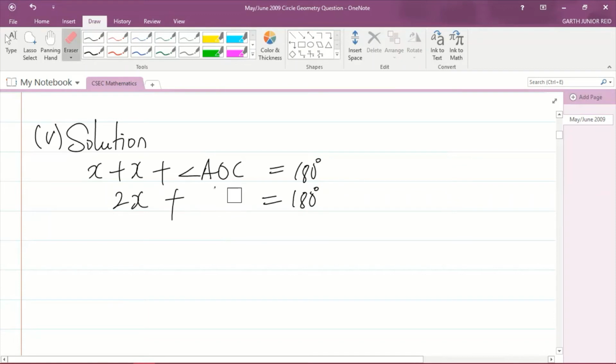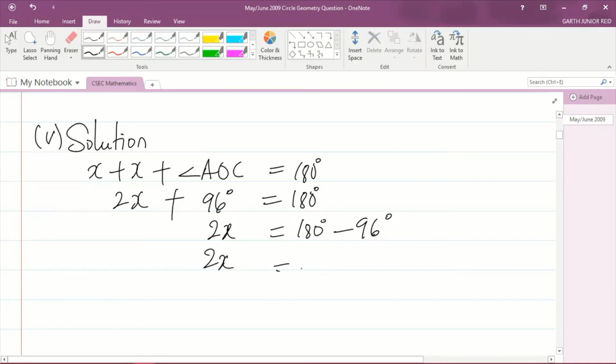The angle AOC was actually 96 degrees. Great. So I'm now going to solve this equation for x. I'm going to subtract 96 degrees from both sides of the equation. On the left-hand side, I will have 2x, and if I perform the same operation on the right-hand side, I will have 180 degrees minus 96 degrees.